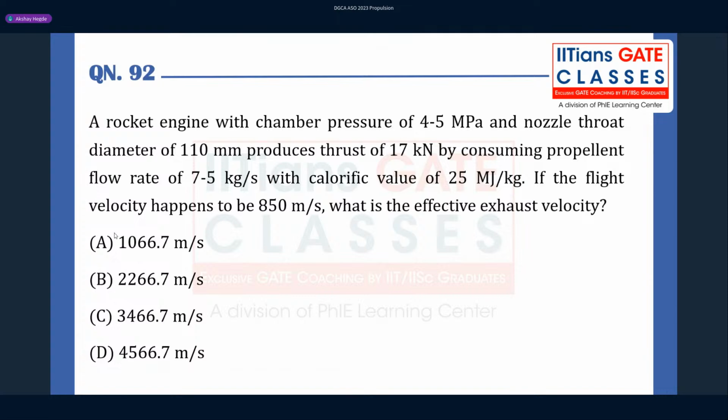Again, it is coming from rocket propulsion. They're asking: a rocket engine with a chamber pressure of 4.5 megapascal and a nozzle throat diameter of 110 millimeter produces a thrust of 17 kilonewton by consuming a propellant flow rate of 7.5 kg per second with a calorific value of 25 megajoules per kg.